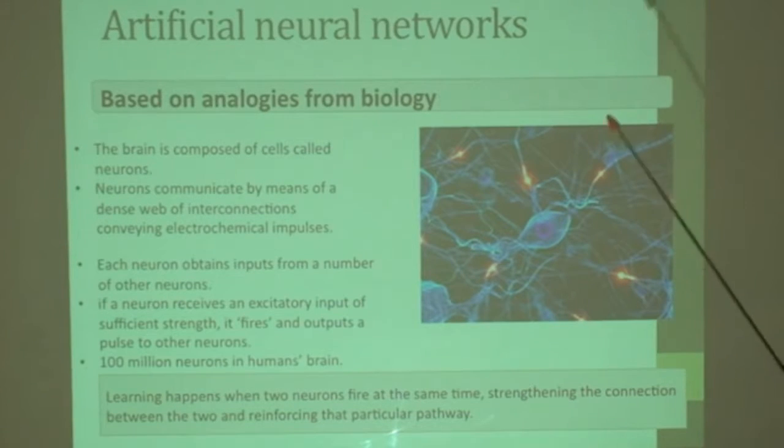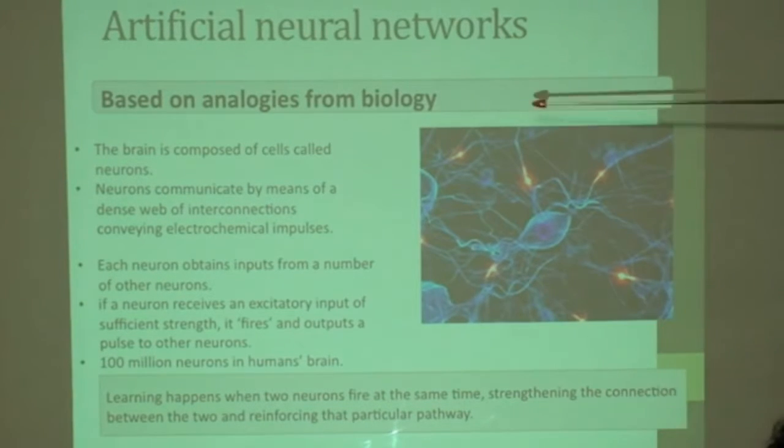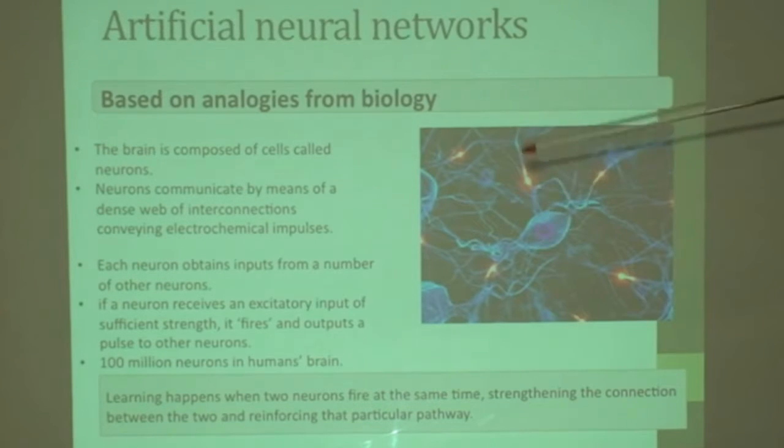In general, there are about 100 million neurons in the human brain. And what about learning? Learning usually happens when two neurons fire at the same time, strengthening the connection among the neurons, and we reinforce the neurons in a particular way. This is the process of learning.